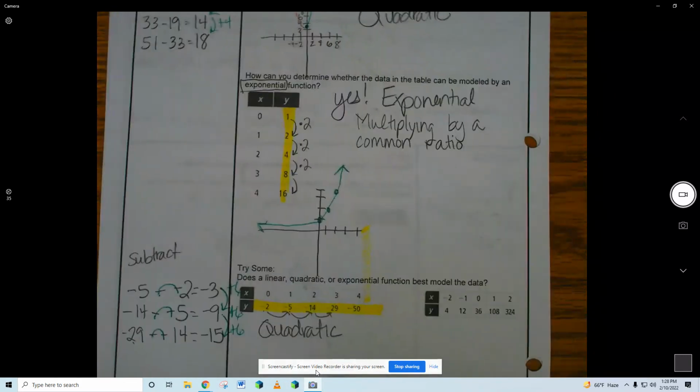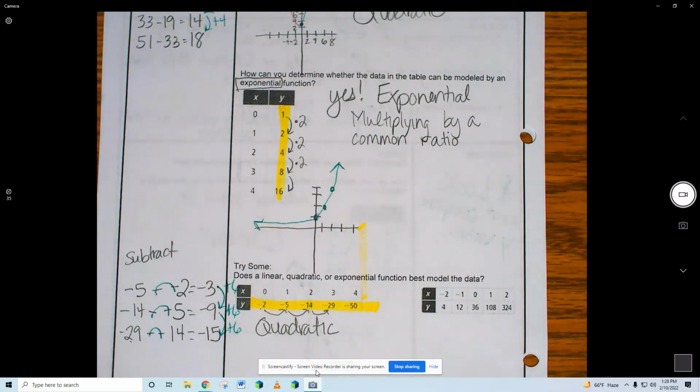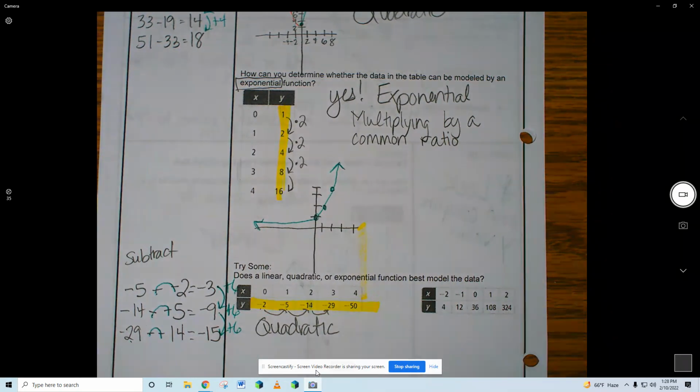What about the next one? This last one. How does 4 become 12? How does 12 become 36? How does 36 become 108? Times 3, times 3, times 3. Which is the one where I'm multiplying by a common ratio? Exponential.